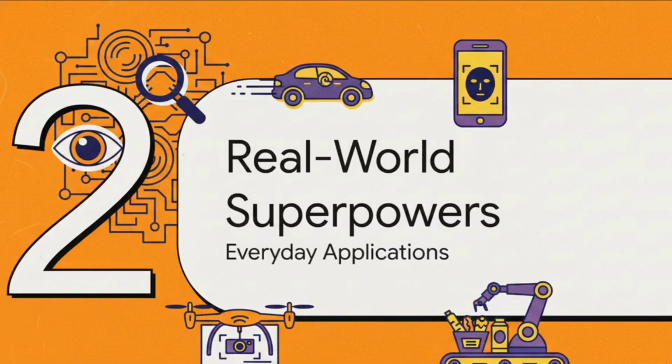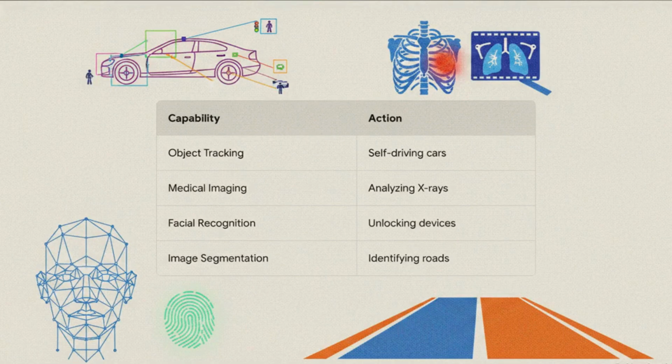All right, now that we've got our definition locked in, let's hit Section 2, real-world superpowers. Let's look at the highly visible ways this is already being applied. And this brilliantly illustrates the sheer scale we are talking about here. It's honestly staggering. On any given day, computer vision is doing everything from object tracking, which is what allows a self-driving car to safely navigate around a pedestrian, to life-saving medical imaging.